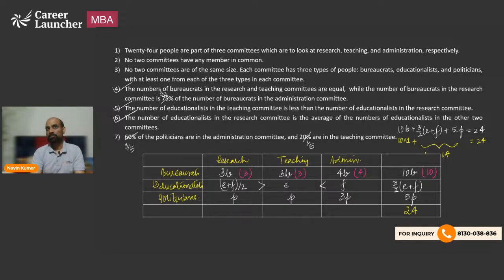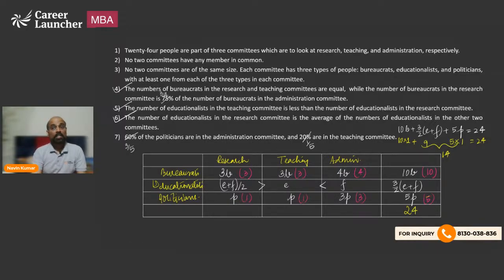How is it possible? It's only possible if we get 9 and 5. There is no other way. So 5P is 5. That would mean that P is going to be 1. Right? So P is 1. That means the overall total number of politicians that we have is 5, out of which admin is 3, teaching is 1, and research is 1.